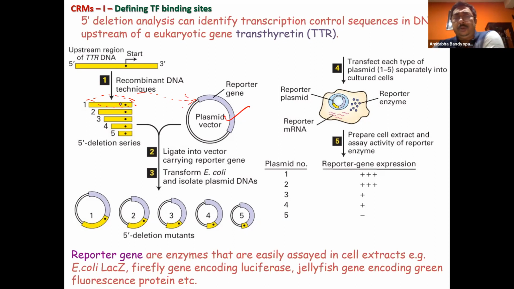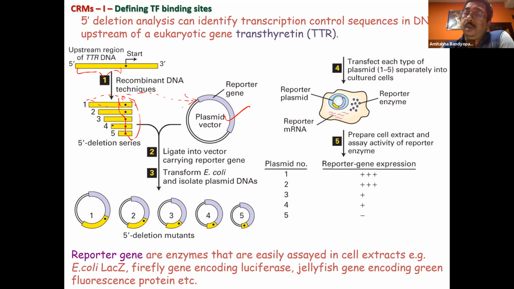I do not remember exactly which chemical it was, but some chemical. So you clone that and you make different lengths of this. See, this part is the same in all the constructs. This part is varying, full length, a little bit less.